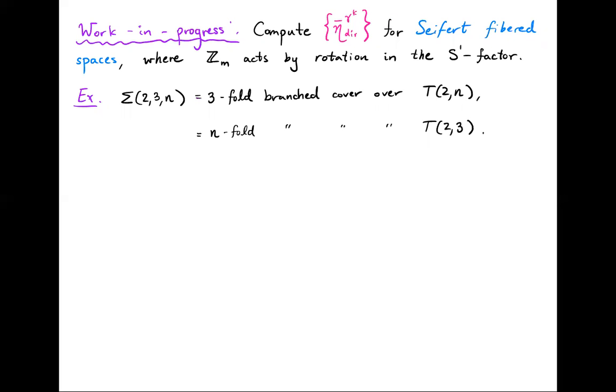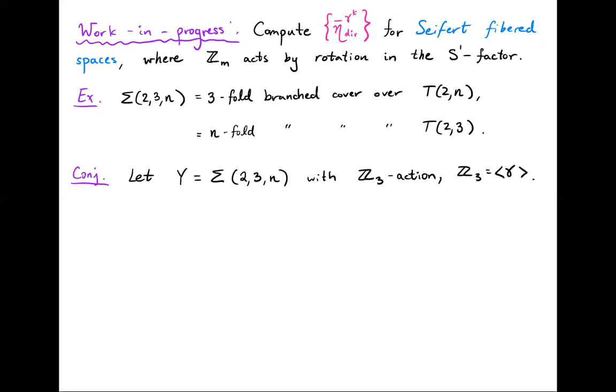For example, this is useful in the case where we think of Sigma(T_{3,n}) as the threefold branched cover over T_{2,n} and as the n-fold branched cover over T_{2,3}. So in this concrete example, let's consider the threefold action on this. Here's a conjecture. It's a theorem modulo one lemma, which is still avoiding being proved.